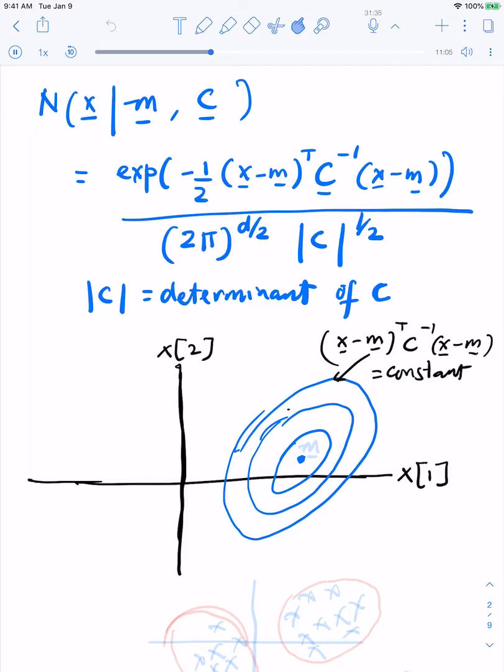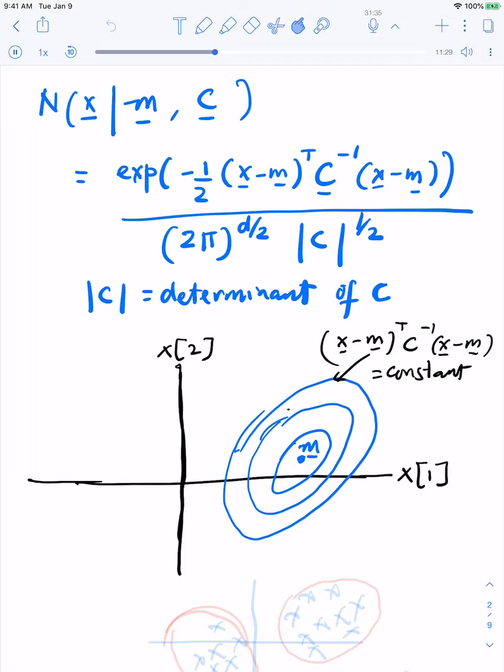So that's where I'm sketching these. I've sketched these ellipses out there. They're centered around the mean, of course. So this is the mean. I've shown a two-dimensional density, which is all I can sketch, the contours of a two-dimensional density. So this is what they might look like.